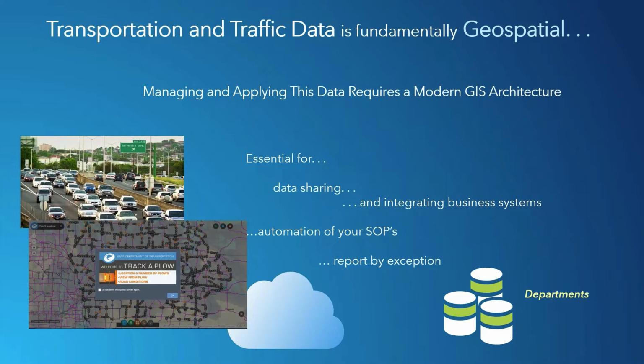By taking these platforms, you can bring in data from many different systems, automate some of your SOPs and some of the analysis that's going on your networks, and report by exception. You have a tremendous amount of data, and we want real-time analytics to allow you to report by exception so you can weed the appropriate data out so people can focus on problems.